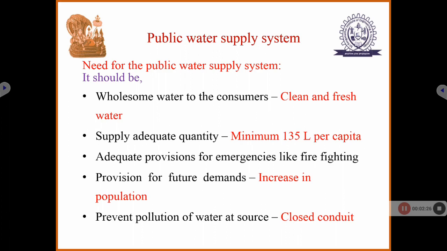And then we will discuss a few topics in the sources of water. First, the public water supply system. Generally, our government gives water to the people through the water board department.